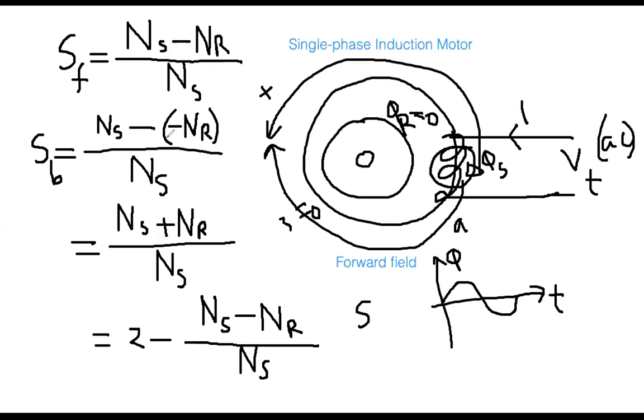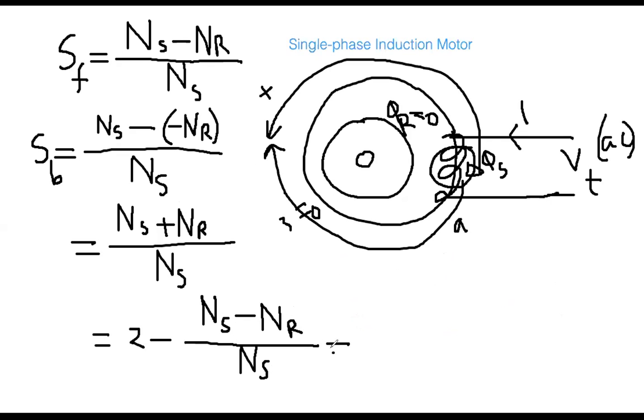And why did I do that? I did that because this portion, NS minus NR over NS, is the standard definition of the slip that we have learned, which is the slip due to forward field.